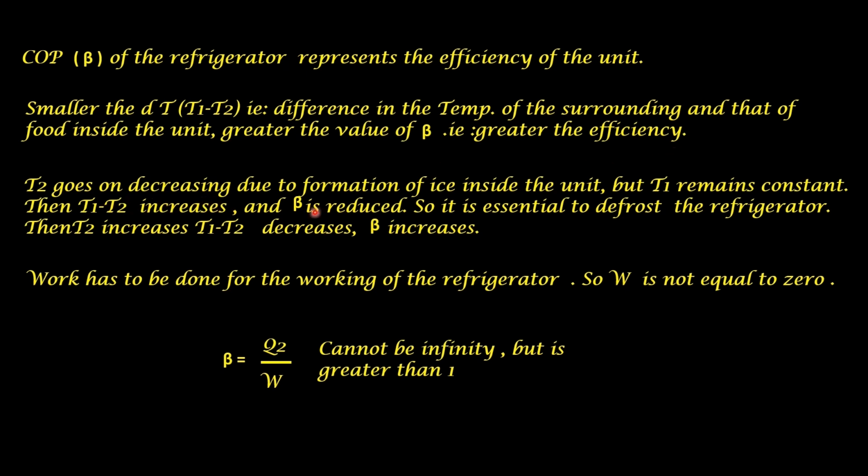T2 goes on decreasing due to formation of ice inside the unit. But T1 remains constant. Then T1 minus T2 increases and coefficient of performance beta is reduced. So it is essential to defrost the refrigerator. Then T2 increases, T1 minus T2 decreases, then the coefficient of performance beta also increases.